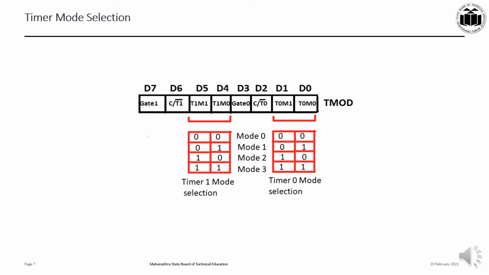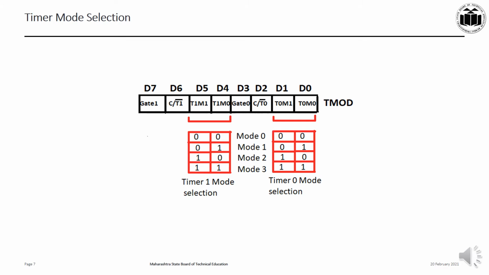As we have discussed earlier, the TMOD register is used to select the timer and its operating mode. As shown in the figure, if we want to set the mode for timer 0, we have to set the D0 and D1 bits, and for timer 1, we use D4 and D5. For example, to select timer 0 in mode 0, both D0 and D1 must be set to 0.